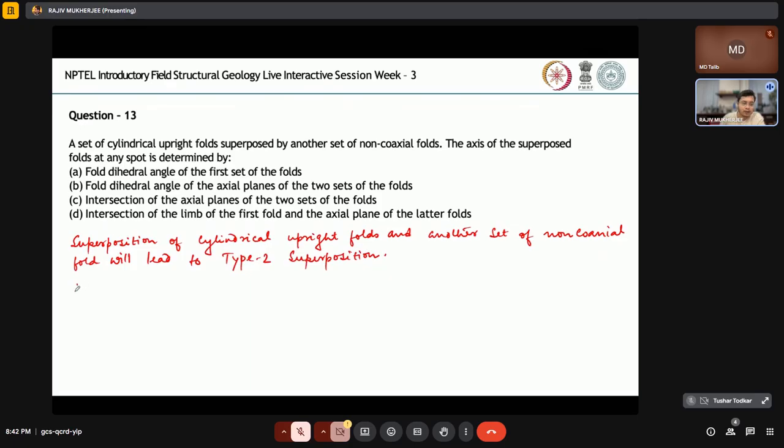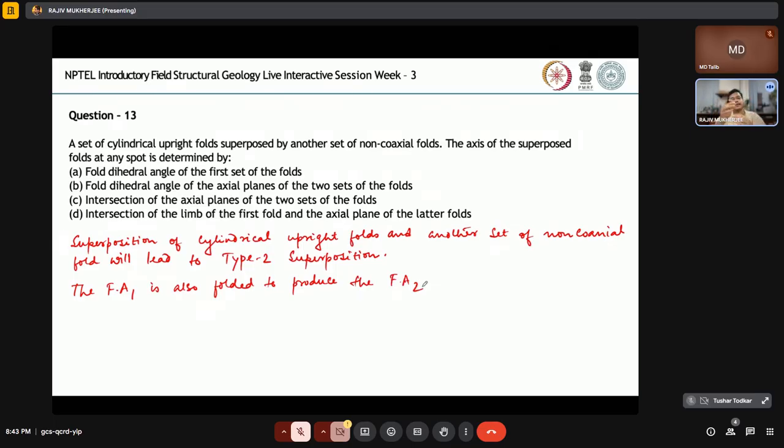In case of type 2 superposition, the fold axis 1 is also folded to produce the second generation fold axis.